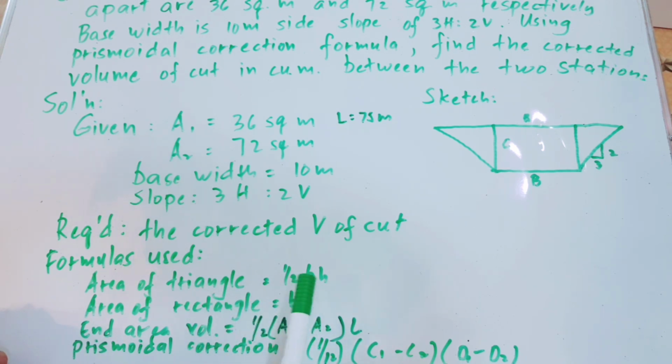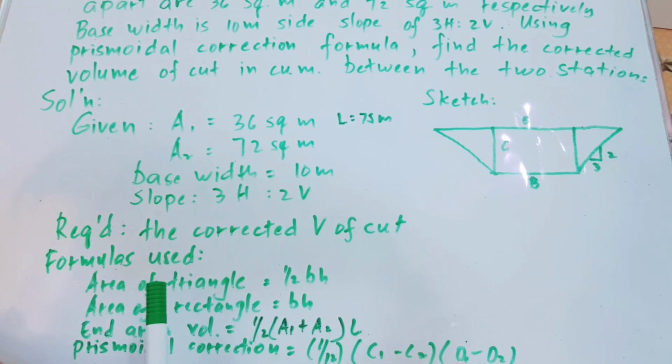The triangle is 1/2 the base times the height. And the end area volume is equal to 1/2 multiplied by area 1 plus area 2 times L. And the prismoidal correction formula is 1/12 times C1 minus C2 multiplied by D1 minus D2.